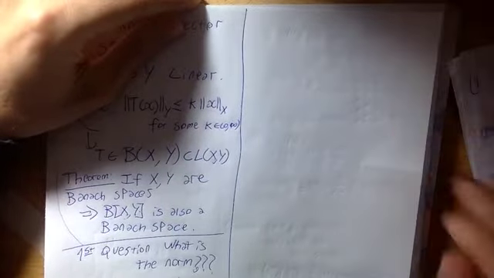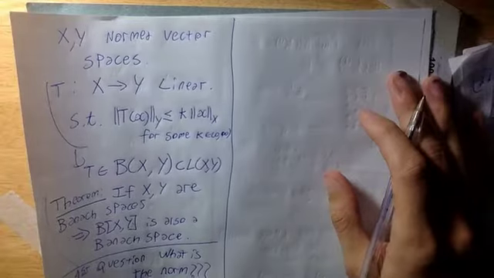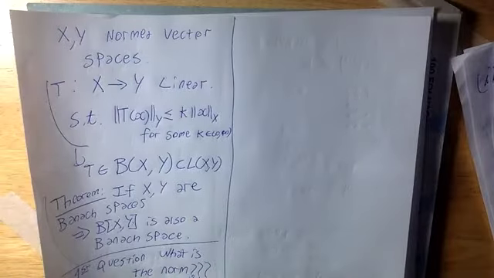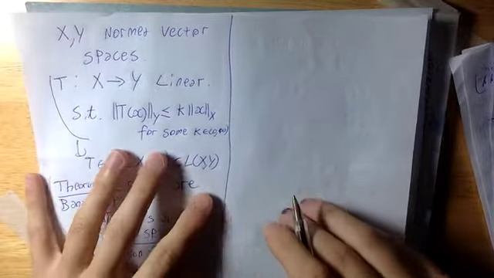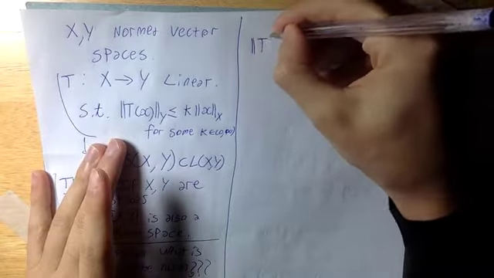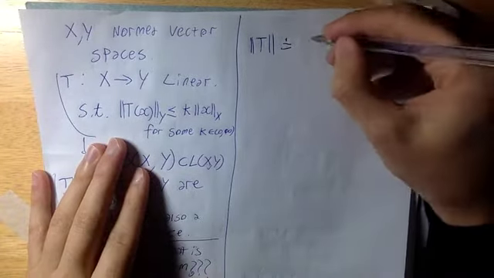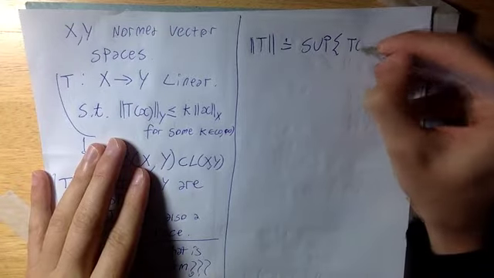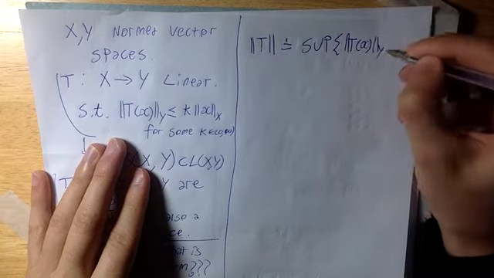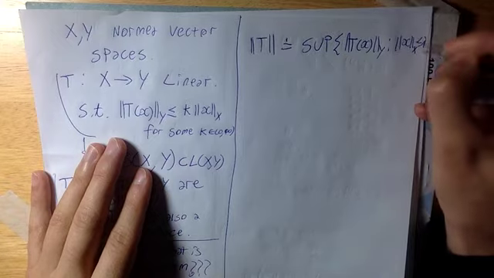Following the notation we had before, and from the theorem from last class, we're going to say that the norm of T is defined by the supremum of the norm of T of x in Y, such that the norm of x in X is less or equal than 1.